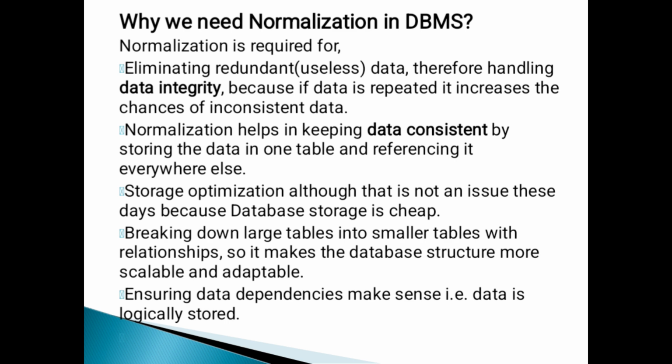Storage optimization, although that is not an issue these days because database storage is cheap. Breaking down large tables into smaller tables with relationships makes the database structure more scalable and adaptable. Ensuring the data dependencies make sense, that is, data is logically stored.